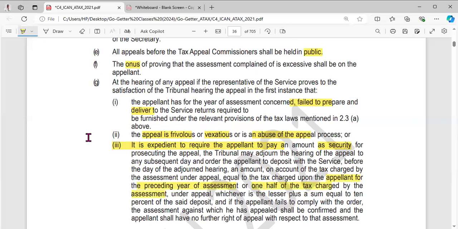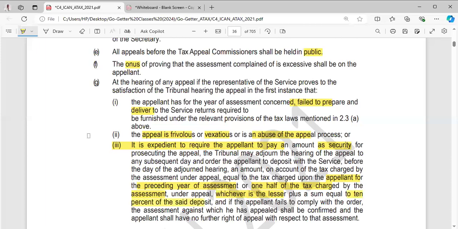So it's either they pay what they have been paying the preceding year, or one half of the tax charged in the current year, whichever is lesser, plus a sum equal to 10% of the deposit.